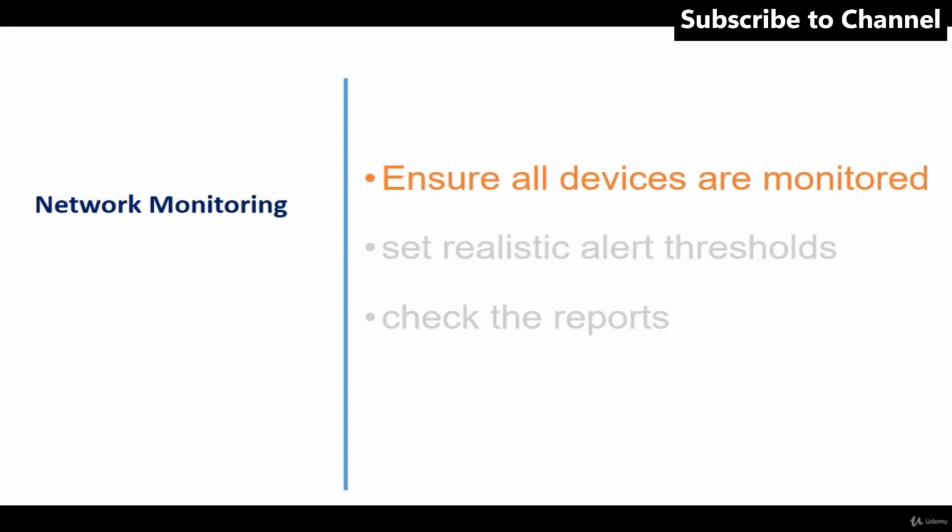The first thing I recommend is to ensure that all of your devices are monitored. And again, this sounds like a no-brainer. Well, of course I want to monitor all of my devices, but you'd be surprised at the number of places that I see where they only monitor their core servers and core switches and routers in their branches.